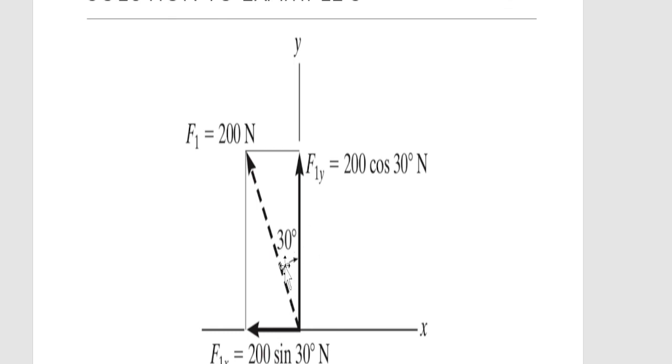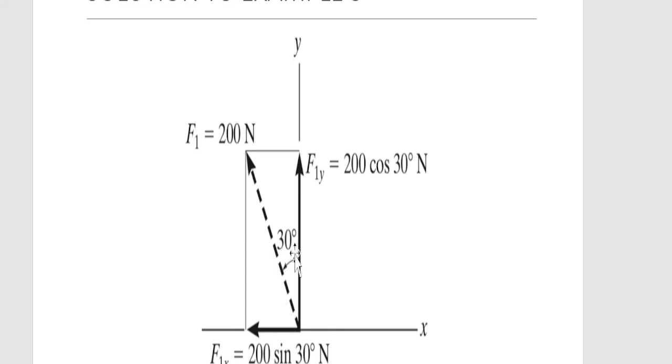cos theta is equal to base over hypotenuse. So the base is F1y over the hypotenuse, and the hypotenuse is given as 200 Newtons. When you cross multiply, you will get F1y, which will be 200 cos 30 degrees Newtons. And F1x you will also get by using the trigonometric formula, perpendicular by hypotenuse is equal to sine theta.